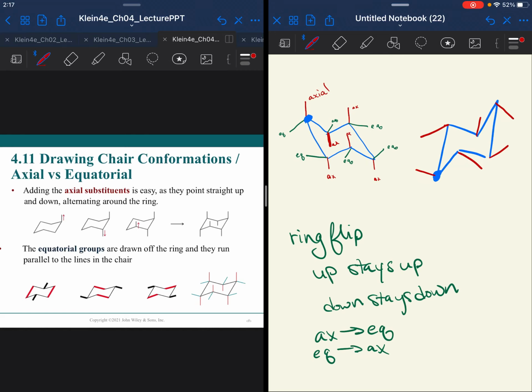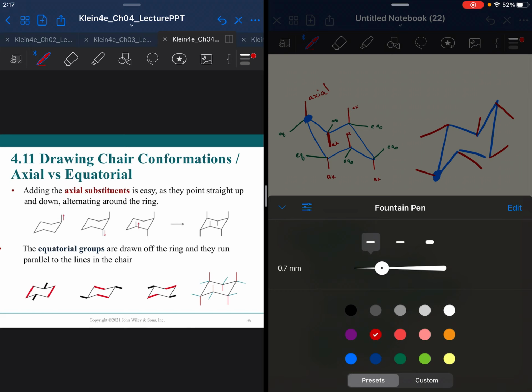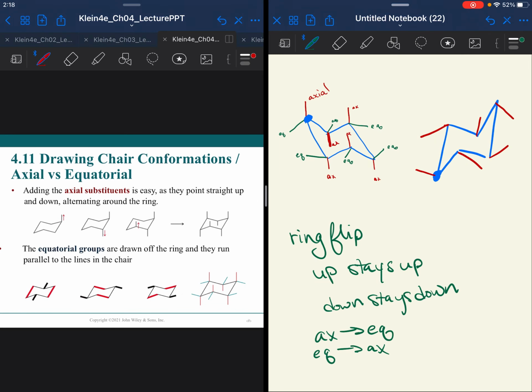All right, so all of those red bonds, the direction is the same. If it was up, it's up. If it was down, it's down. But it went from being parallel with that center line to being offset with sort of the equator of the molecule, going away from the molecule. So then my green bonds, which were equatorial, are going to go axial. So if on this highlighted carbon we had down equatorial, well, now that green is down axial. Up axial, down axial, up, down, up.